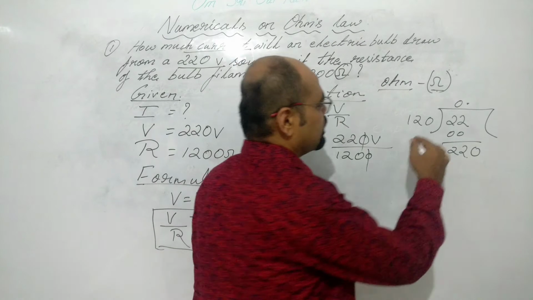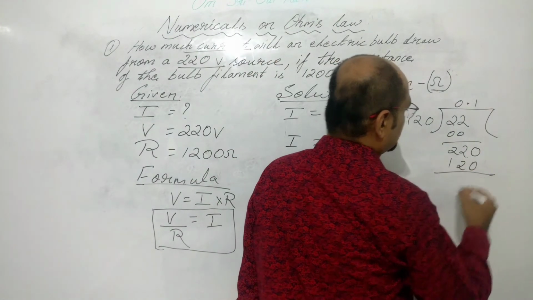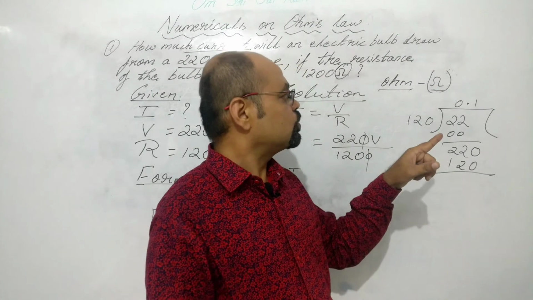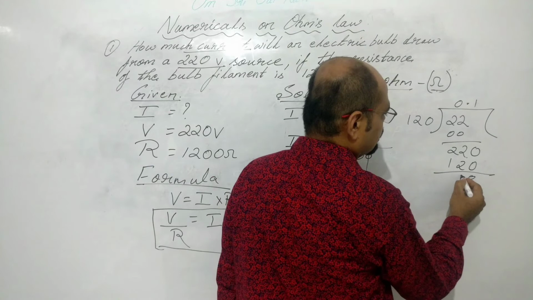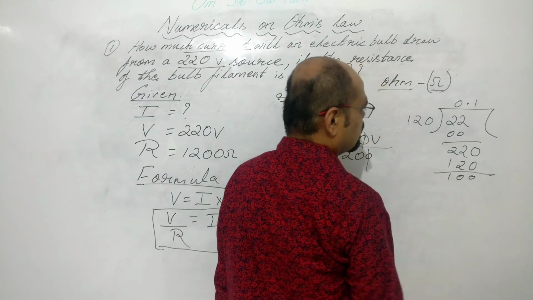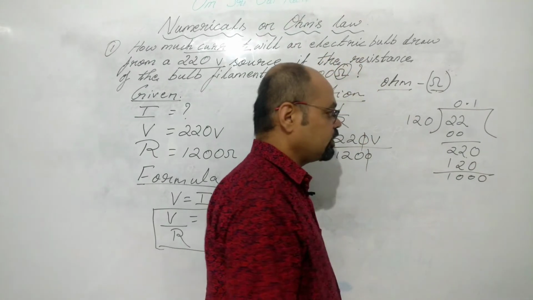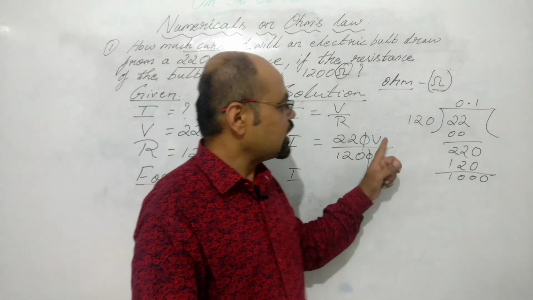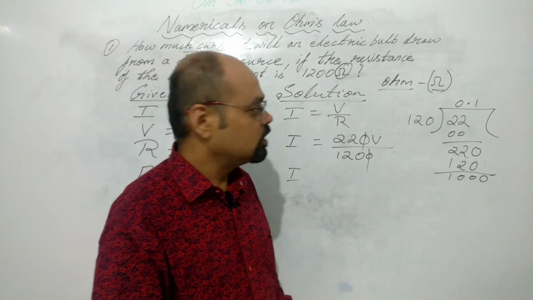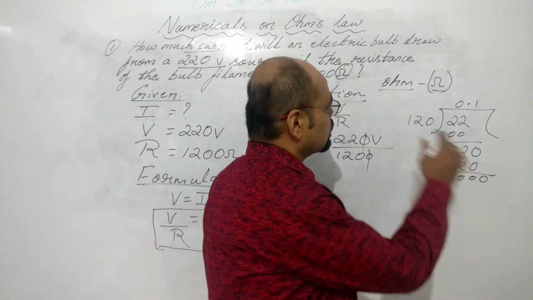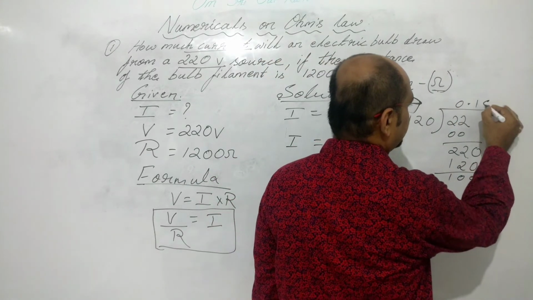We can write 120 into 1 is 120, because 120 into 2 is 240. So 0, 0, 1. So 120, we can take 1000 here. So 120 into how much is 1000? We have to check it out. So 120 into 8, we can try with 8.